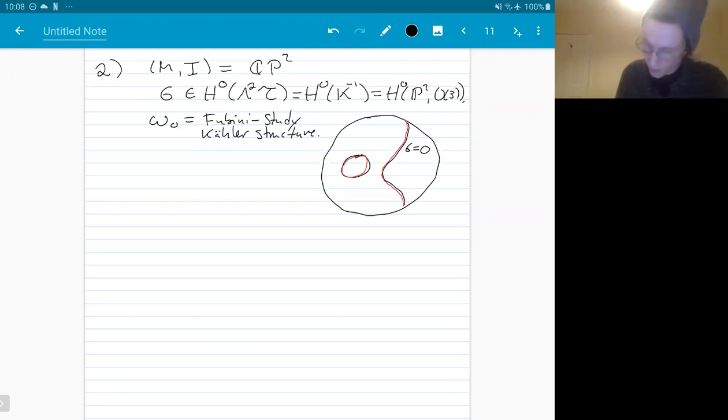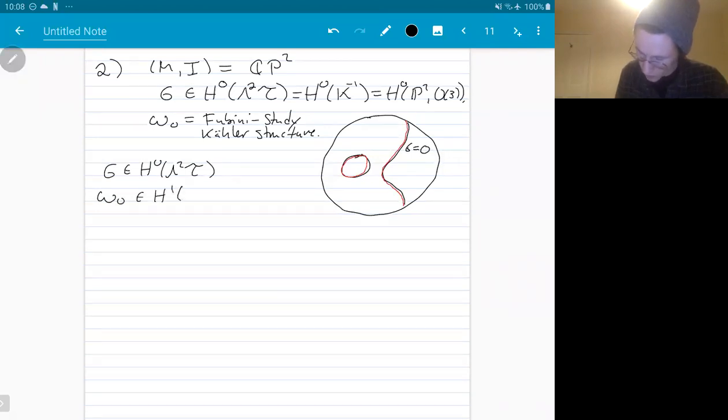The way that we can do it is as follows. Sigma is in H0 of wedge 2 T. Omega, we can write as an element of H1 of Omega 1.